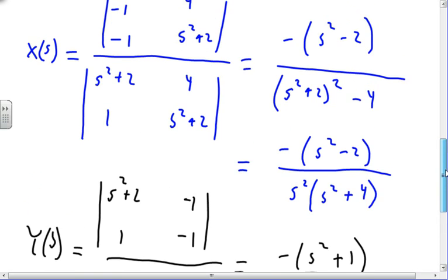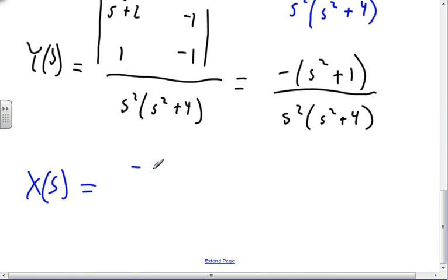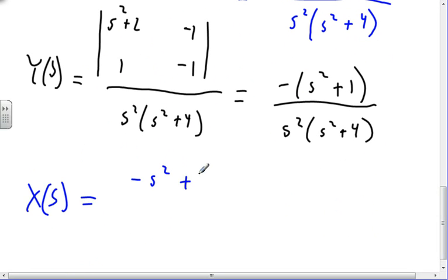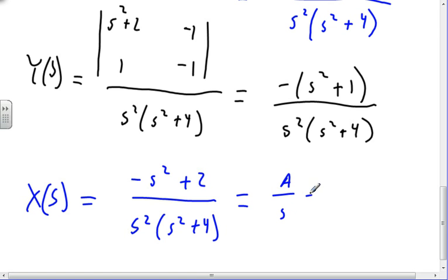So x of s is minus s squared plus 2 over s squared plus 4. Okay, so we're going to do a partial fraction, A over s plus B over s squared plus Cs plus D over s squared plus 4.